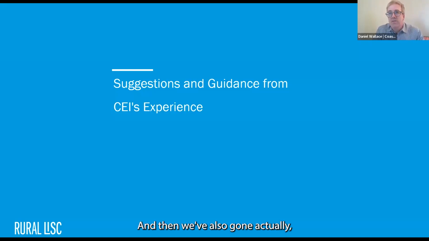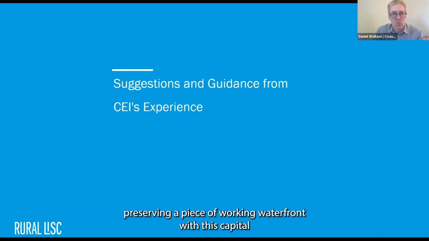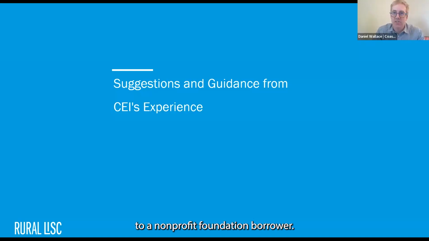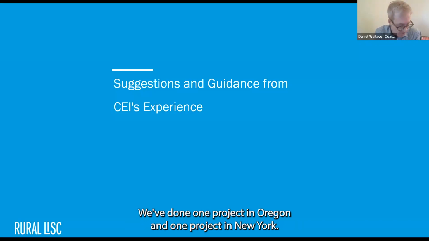And then we've also done, which makes sense for Maine, we were able to support preserving a piece of working waterfront with this capital to a nonprofit foundation borrower. So those are the groups we've worked with. We've ended up doing most of our work right here in our home state in Maine. We've done 1 project in Oregon and 1 project in New York.